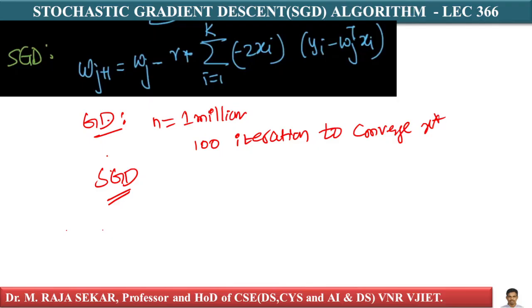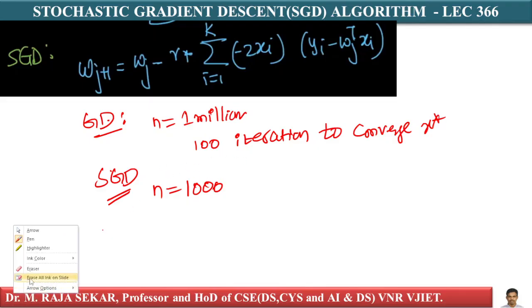In gradient descent it is 1 million points. Let me say in stochastic gradient descent, let it be 1000, because I am using fewer and fewer data here.